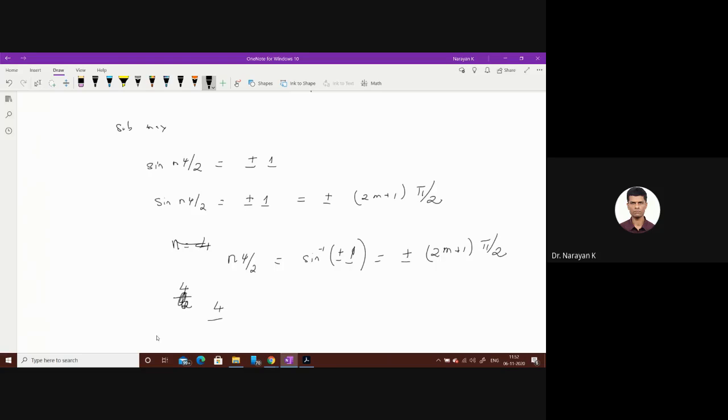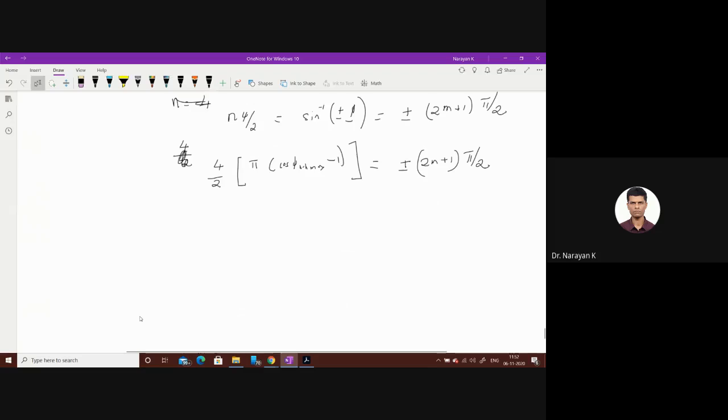So this will be 4 by 2 pi into cos of phi subsidiary maximum minus 1 is equal to plus minus 2m plus 1 into pi by 2. So your pi will get cancelled. So you will get cos of phi subsidiary maximum is equal to 1 plus minus 2m plus 1 divided by 4.